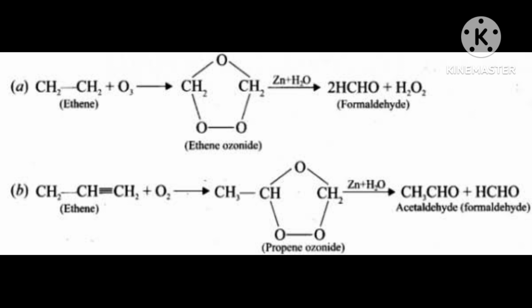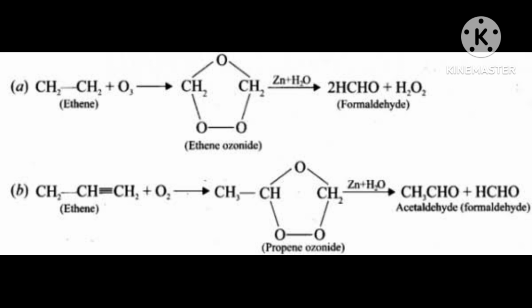Three things are required: high temperature, high pressure, and a suitable catalyst. Maybe nickel, copper, palladium, Pd, Pt, any catalyst. The large molecules thus obtained are called polymers. The reaction is known as polymerization.